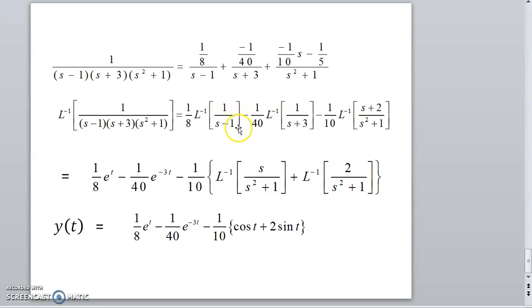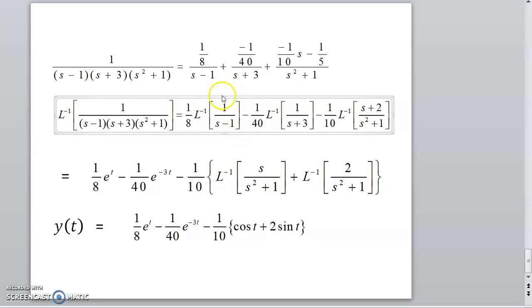So L inverse of 1 by s minus 1, minus 1 by 40 L inverse of 1 by s plus 3, minus 1 by 10 L inverse of s plus 2 divided by s squared plus 1.